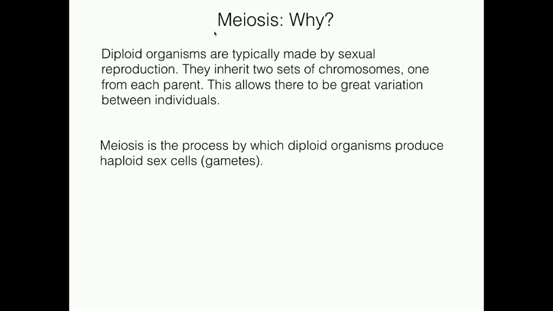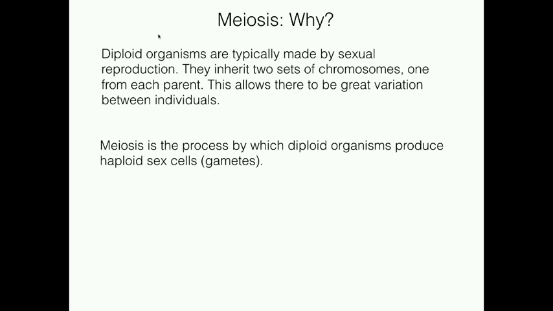If you did not undergo meiosis, then when I passed on my genes with somebody else, when we had sex and had a kid, it would end up having twice as much DNA as we did. And then its kid, our grandkid, would have 4 times as much, and then 8 times as much. And that screws things up royally.